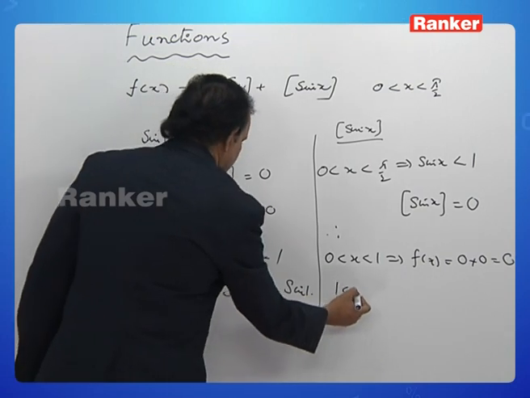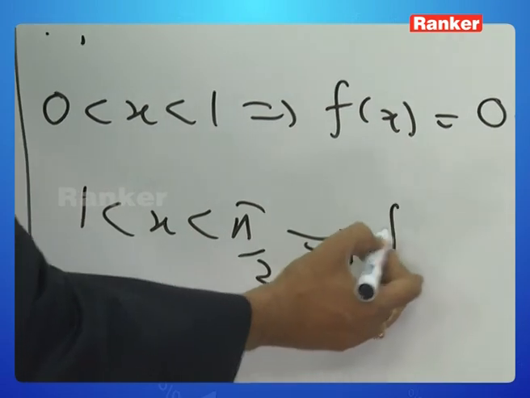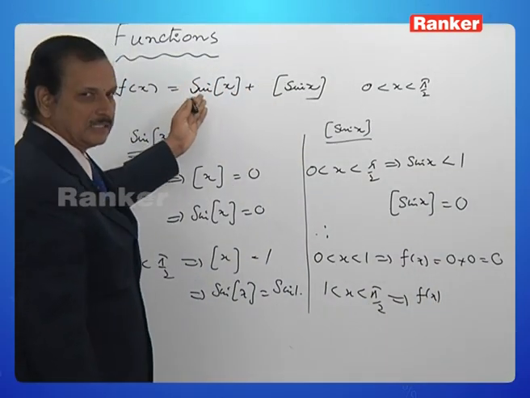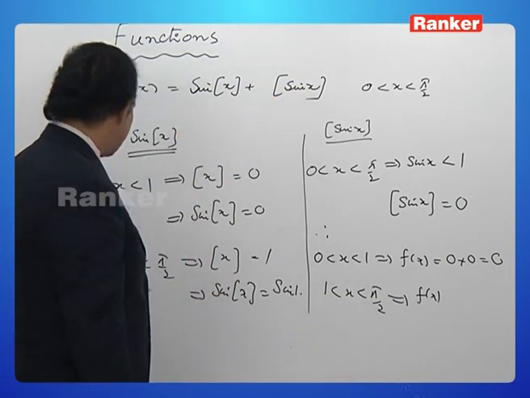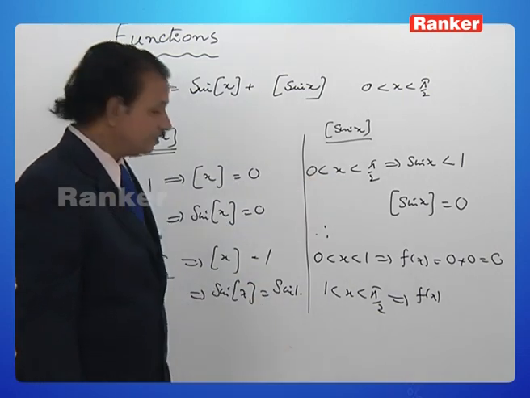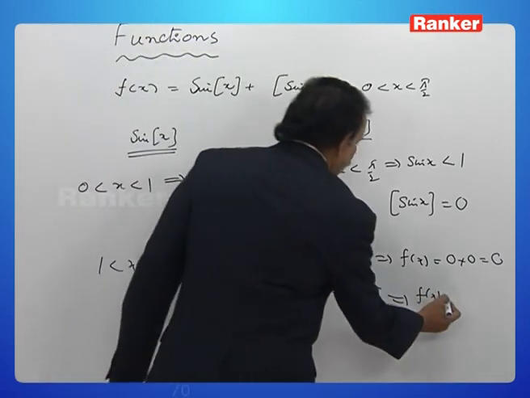And in the other case, 1 less than x less than pi by 2 implies f of x is equal to, what is f of x? First part, sine of integral part of x. Second part, integral part of sine x. Here, in this case, we have it to be sine 1. There, it is 0. As a total, sine 1 plus 0 is sine 1.